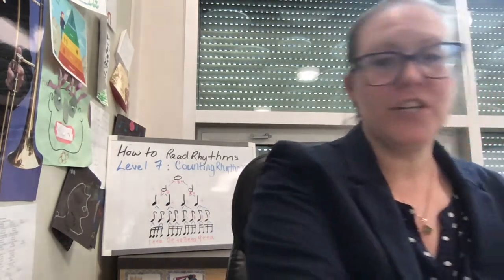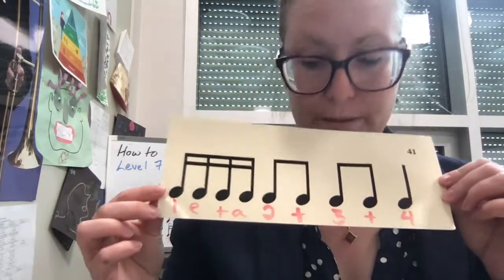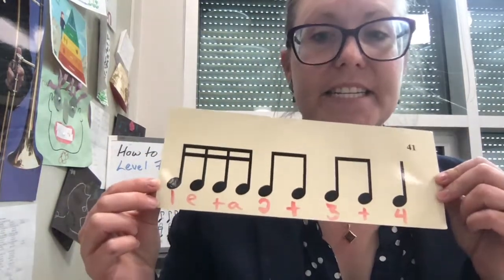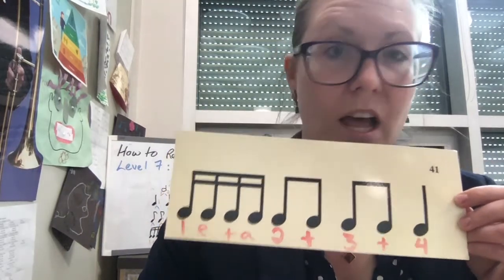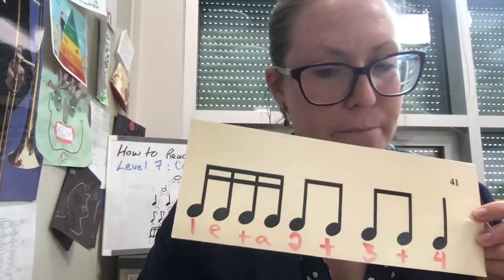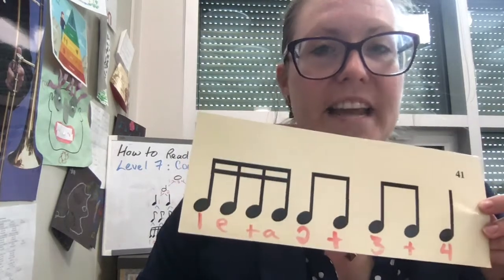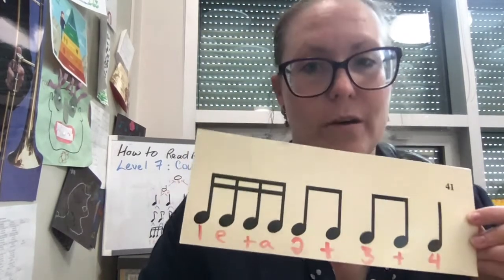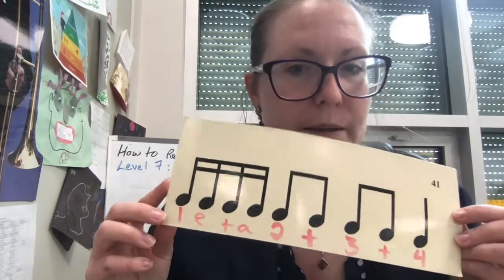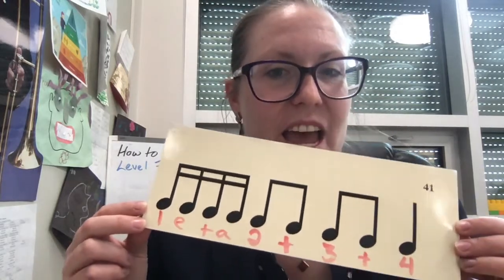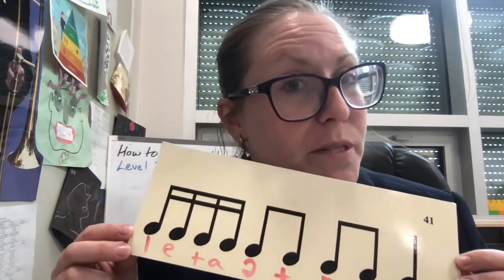If I were to look at this in terms of Kodaly, I would say this rhythm as ticka ticka tee tee tee tee ta, ticka ticka tee tee tee tee ta. But if I look at it in terms of counting beats, I read it as 1 e and a 2 and 3 and 4. And this is going to be more helpful when I play in a band, because exciting music has different instruments playing different rhythms.